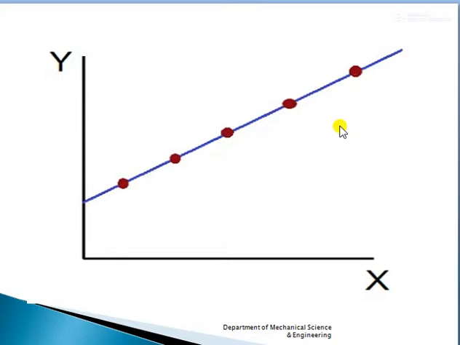The more the points plotted are scattered over the chart, the lesser is the degree of correlation between the variables. The more the points plotted are closer to the line, here the points are closer to the line, the higher is the degree of correlation. The degree of correlation is denoted by R.